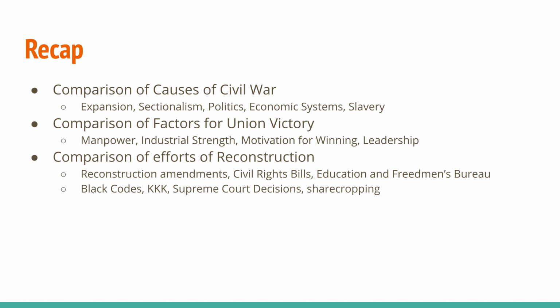All of those are important in trying to improve the equality and rights of African Americans, but also the ways in which Southern governments were trying to limit those gains through black codes, the KKK, the Supreme Court decisions of the civil rights cases and the slaughterhouse cases, and also the new economic system of labor, which is sharecropping.